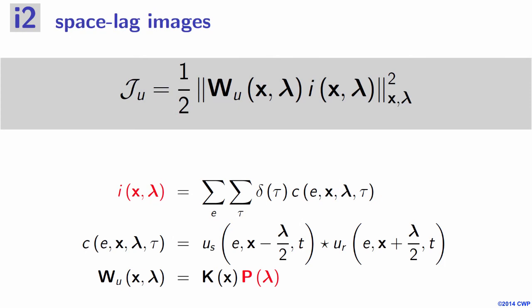Of course, we can ask the question, can we use special cases of what we just discussed? Can we say, let's discard the time lag axis? Of course we can, and that means that we have a different correlation. As you see in the second line from the bottom, we have a correlation there as a function of space lag and time lag, but then we discard the time lag by the relation that you see at the top. We get a so-called space lag image, or image with, in other terminology, subsurface offset.